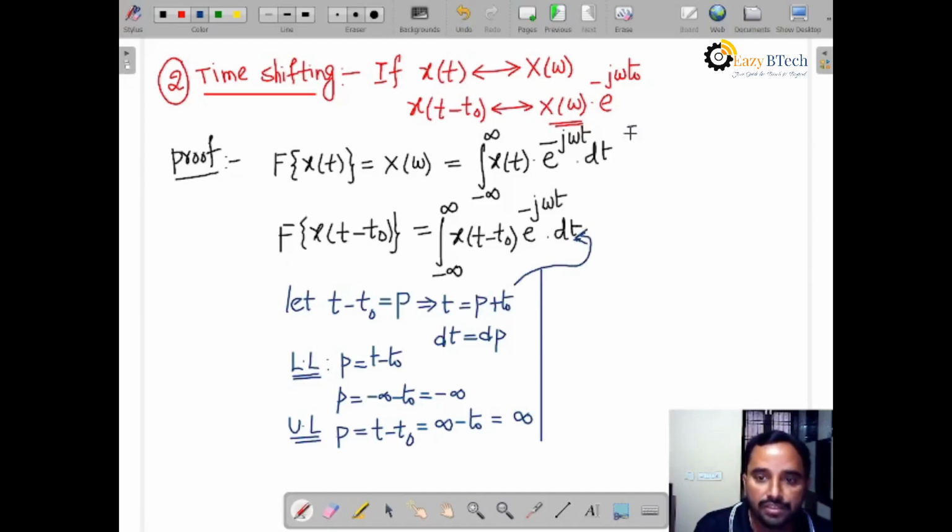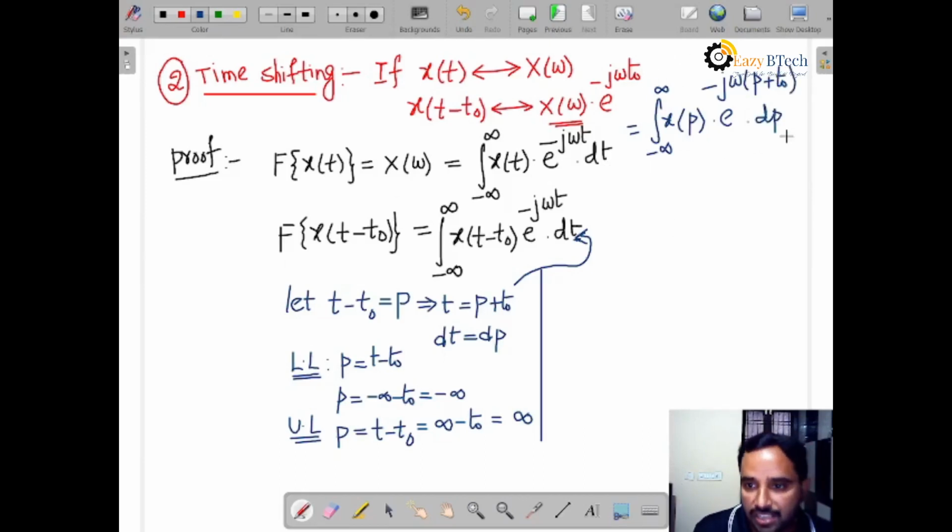So the Fourier transform of x of t minus t naught is the integral with lower limit minus infinity, upper limit plus infinity, of x of p, since t minus t naught is p, into e to the power minus j omega t. What is t here? p plus t naught. So write p plus t naught. And dt is dp.